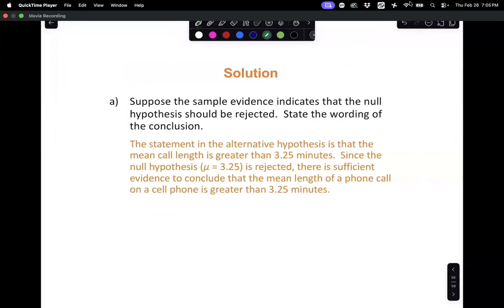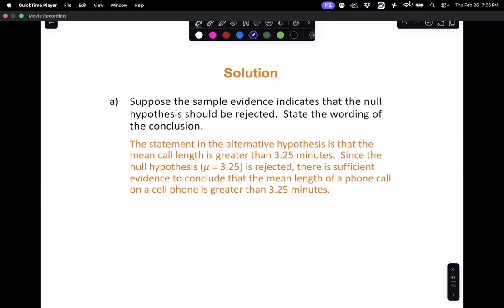So here's their super long way of writing this. The statement in the alternative hypothesis is that the mean call length is greater than 3.25 minutes. Since the null hypothesis is rejected, there's sufficient evidence to conclude the mean length of a phone call is greater than 3.25 minutes.